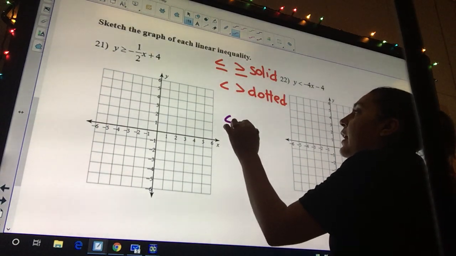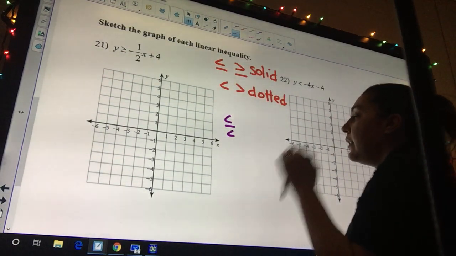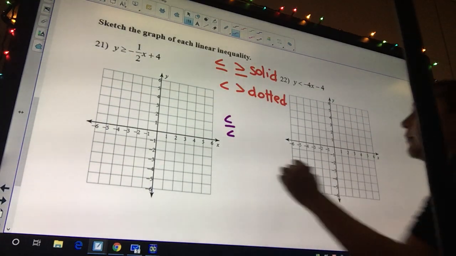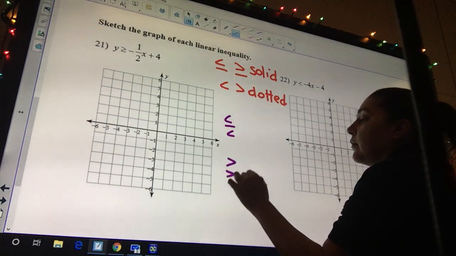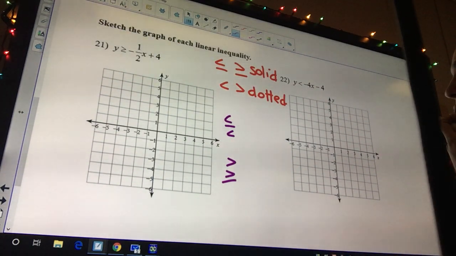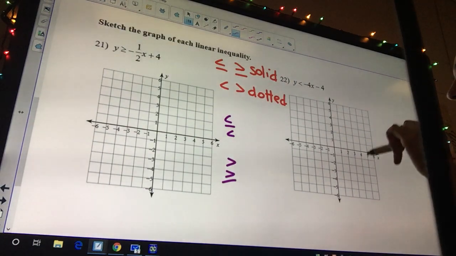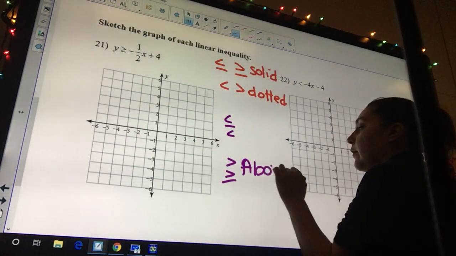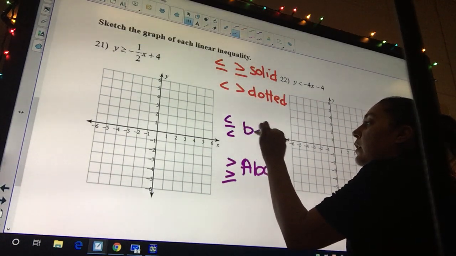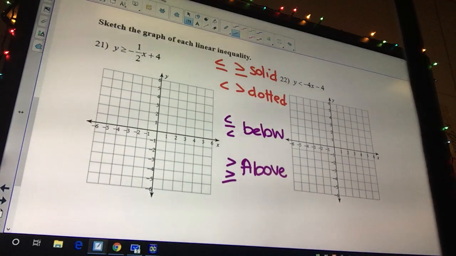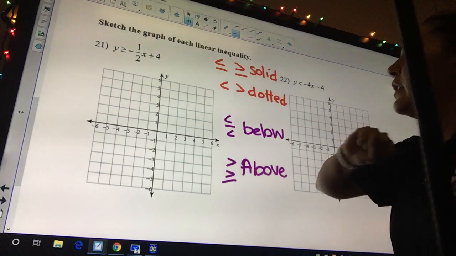Okay, and then if we have the symbols like this, do we shade above or below? I forgot. So these ones are going to be above, and these ones are going to be below. Okay, so make sure you write these down. You're going to have to know these in order to do this.